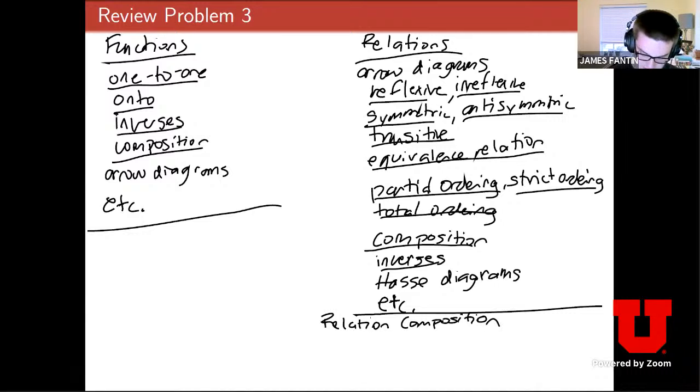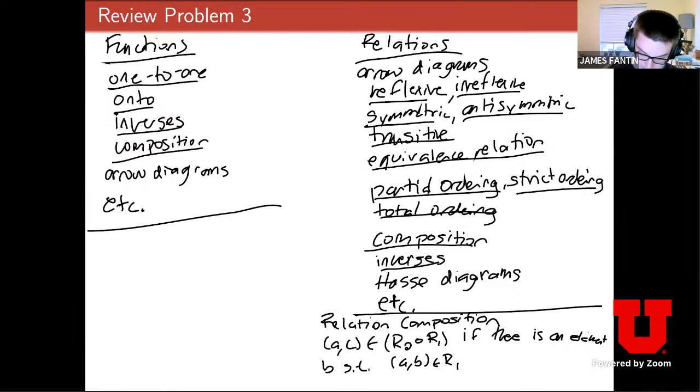With relation composition, let's say we're given some A, B, and C. (A, C) is an element of R2 composed R1, note the ordering, if there is an element B such that (A, B) is in R1 and (B, C) is in R2.